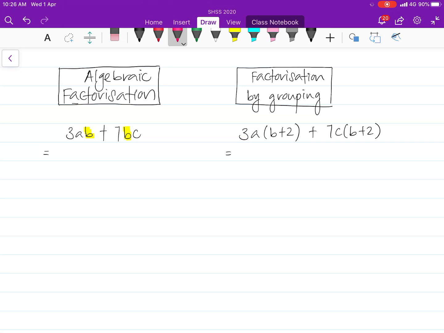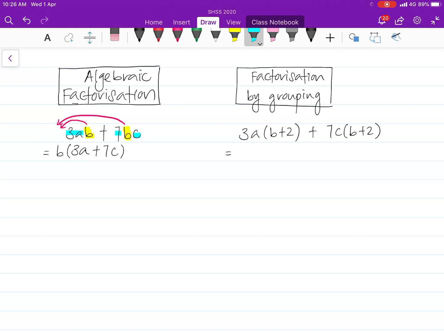From here, if you remember carefully, you can factorize out b from both 3ab and 7bc. When you factorize out the b, what you are left with is 3a plus 7c. 3a from here and 7c from here. And that is your algebraic factorization.